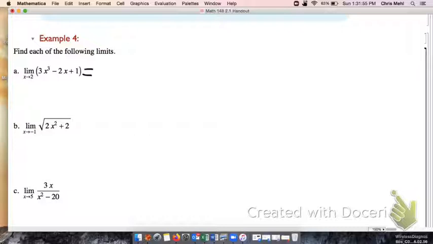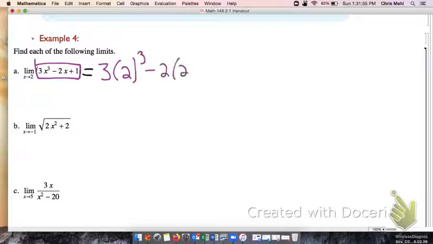What are you going to notice first? This function is a polynomial, so you just plug the limiting value of 2 into the function, and you get 2 cubed is 8 times 3 is 24 minus 4 is 20 plus 1. That limit ends up being 21.